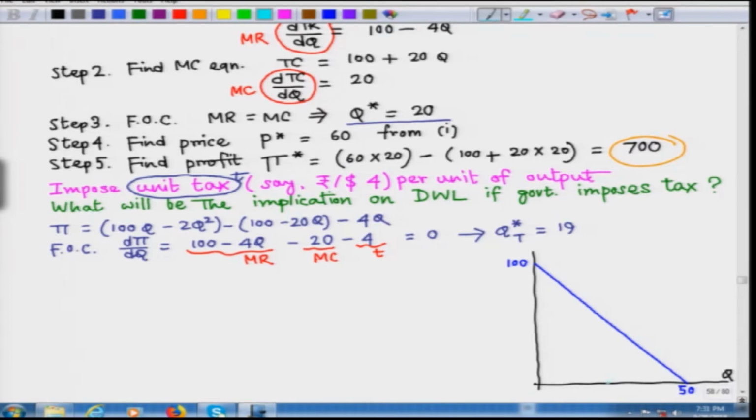So, by following that logic, we know that the quantity at which marginal revenue will become 0 is 25. So, let me join these 2 points and then I get my marginal revenue curve, right. Of course, there will be a negative extension, but we do not want to draw it because this is irrelevant for all practical purposes. So, this is my demand, right.